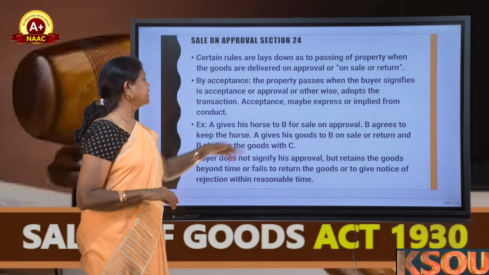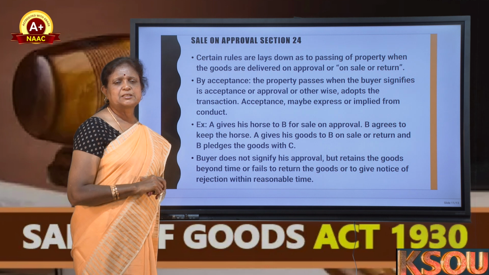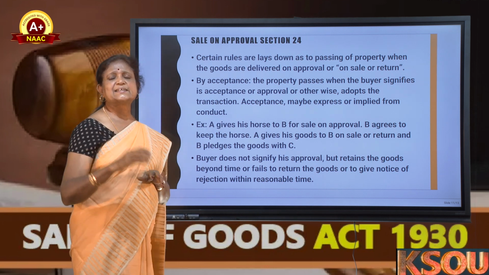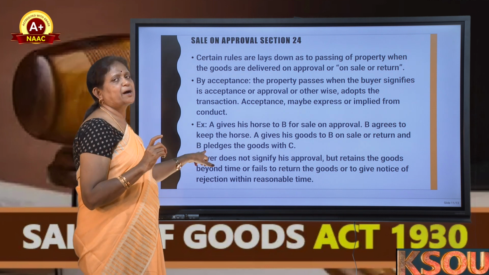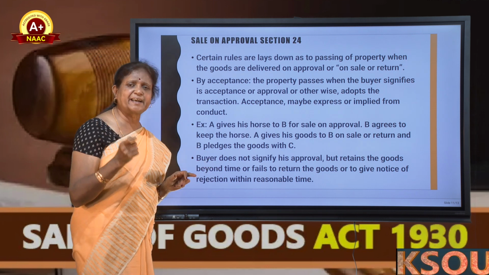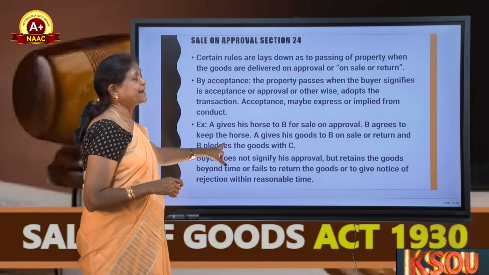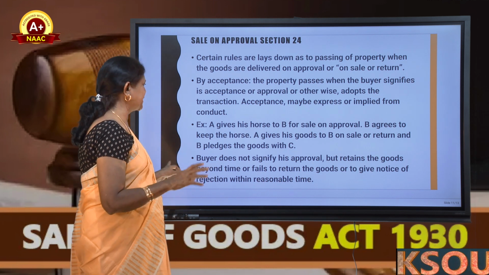For example, A gives his horse to B on sale on approval. Suppose B consents, A is ready and sells his horse to B. B agrees to keep the horse. B has consented or accepted to take the horse, then transfer of property is said to take place.